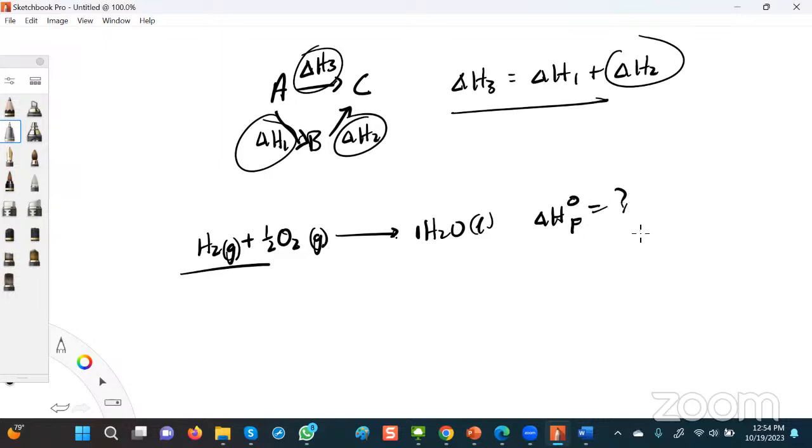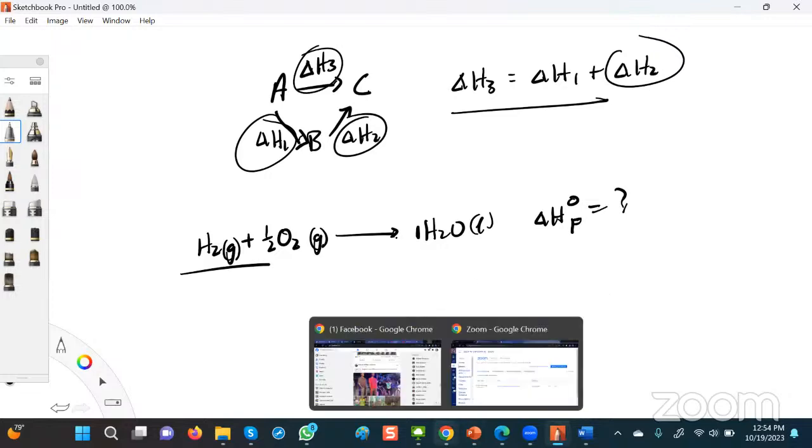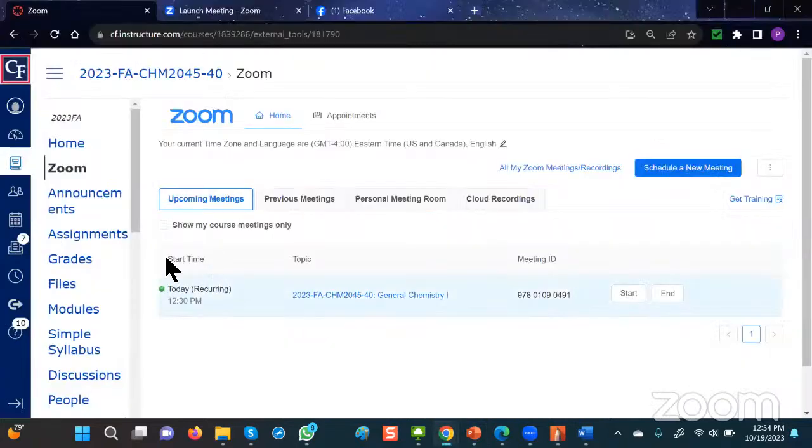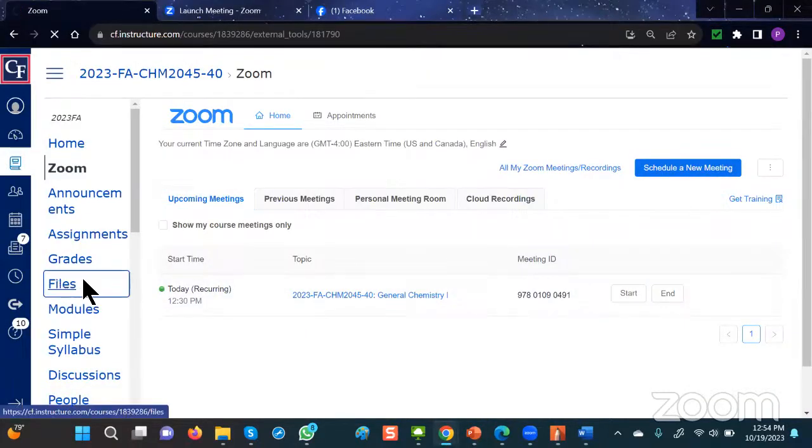In fact, there are tables that have been put together, one of which I have made available in Canvas. Let me just show you where that is. Okay, so let me go to files.